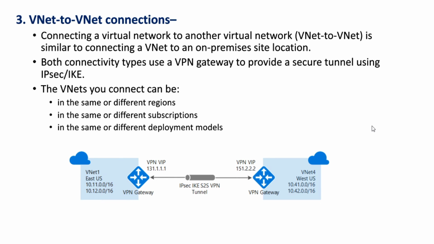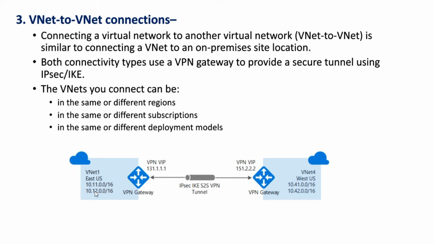Next we have VNet to VNet connection. Connecting a virtual network to another virtual network is similar to connecting a VNet to an on-premise site location. In other words, suppose we have two virtual networks. In this diagram, we have one virtual network in the East US location and another virtual network in the West US location.